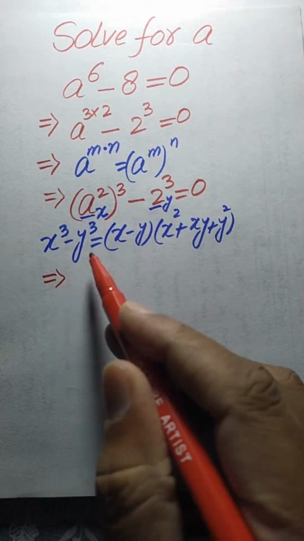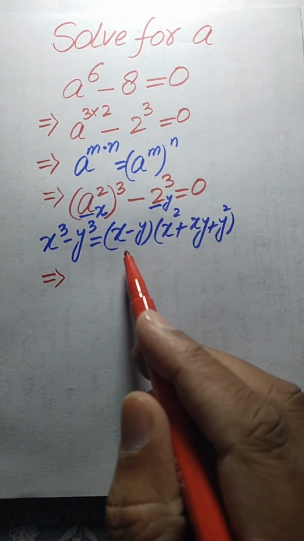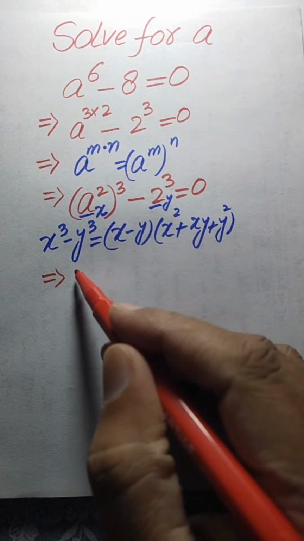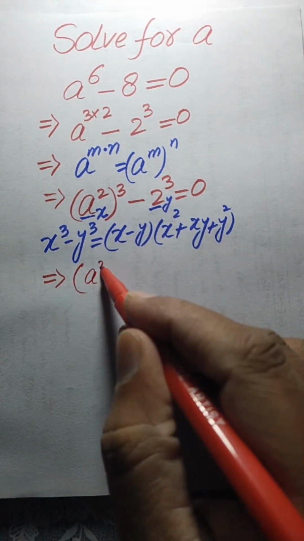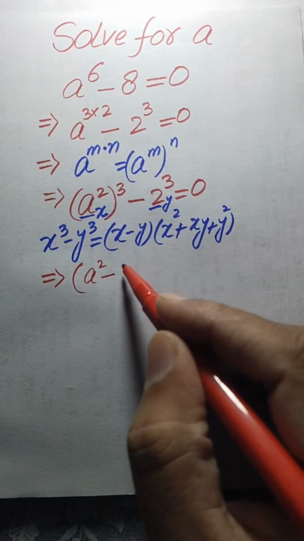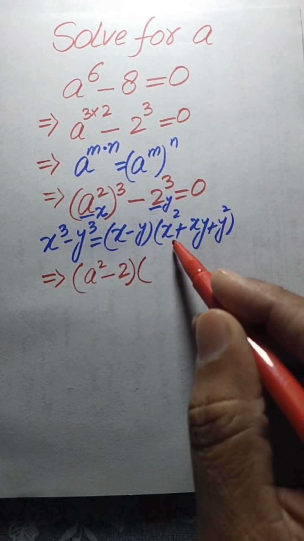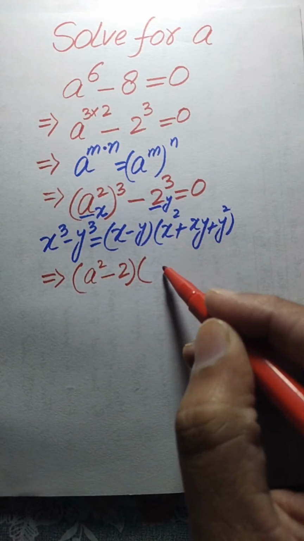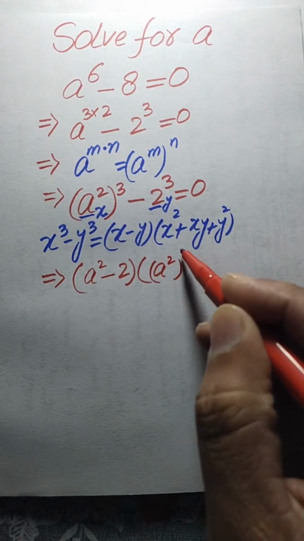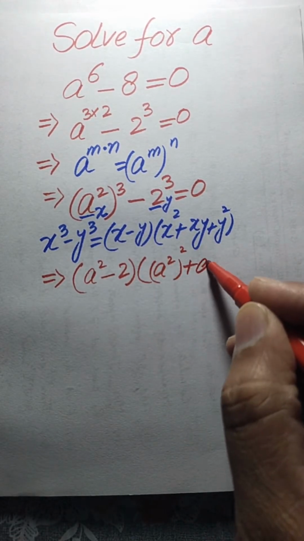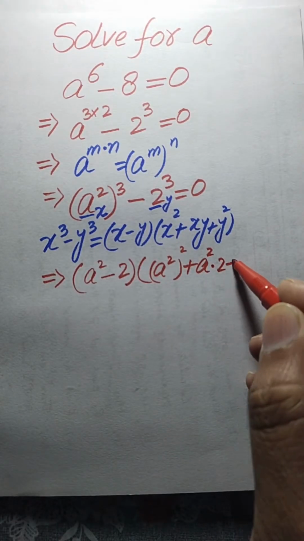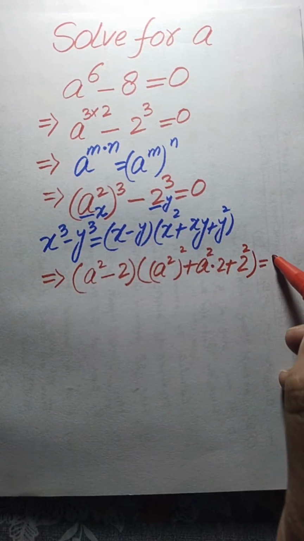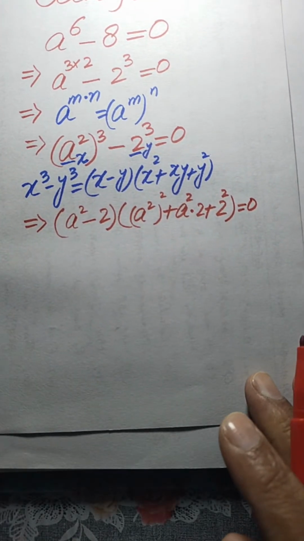After applying this formula, this will be written as: our first factor is x minus y, where the value of x is a square and the value of y is 2, so a square minus 2, times x square, where x is a square, plus xy, where x is a square and y is 2, plus y square, where the value of y is 2 square, and this whole equation is equal to 0.